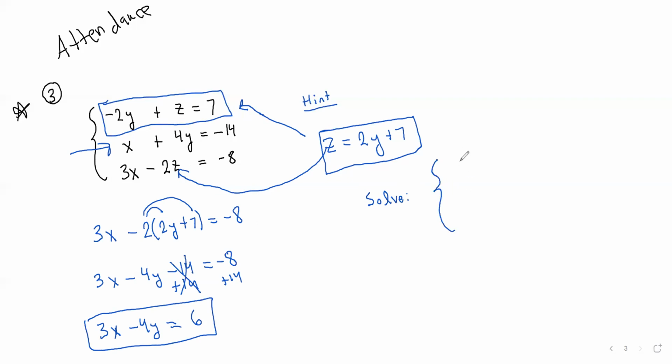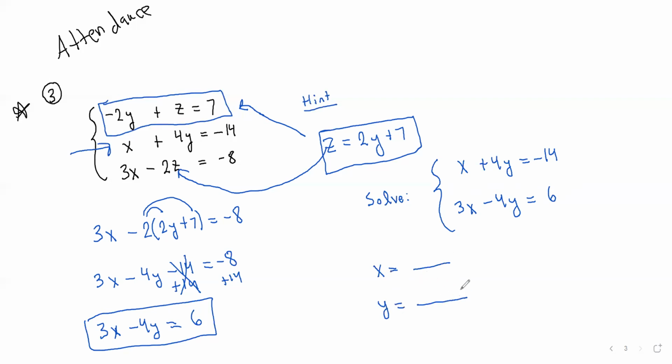So this is my hint: you want to solve the system x plus 4y equals minus 14, 3x minus 4y equals 6. And then you'll find x equals something, and you'll find y equals something.